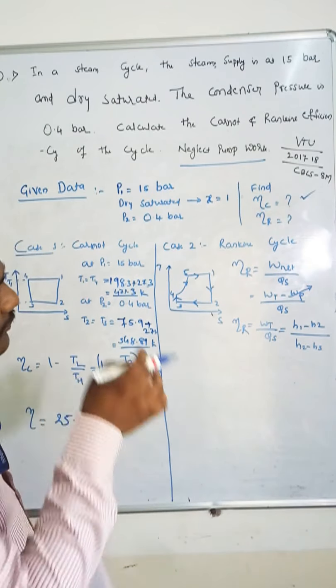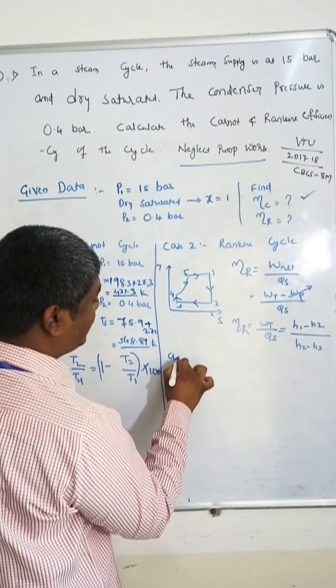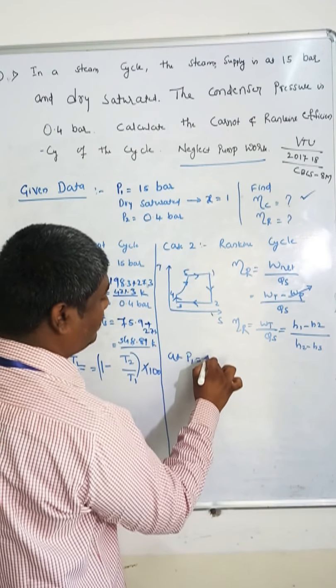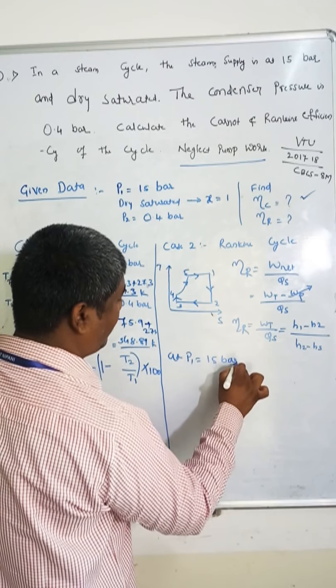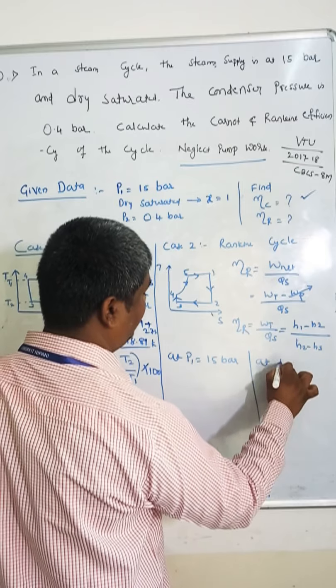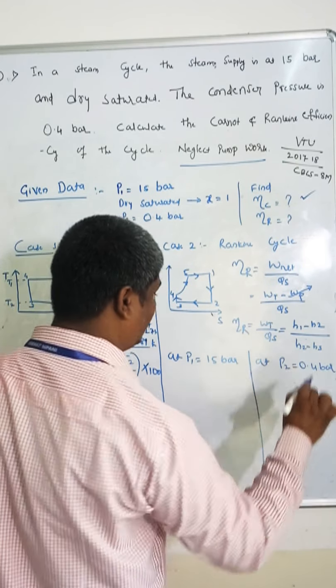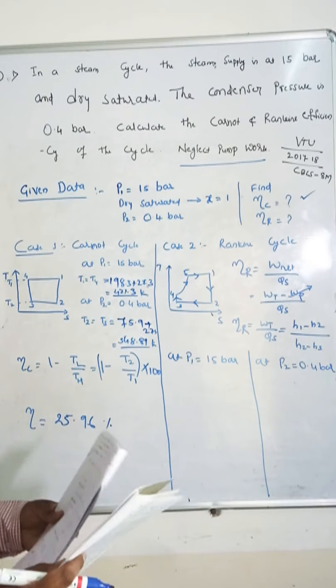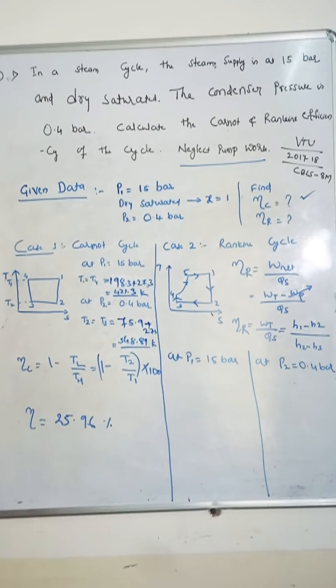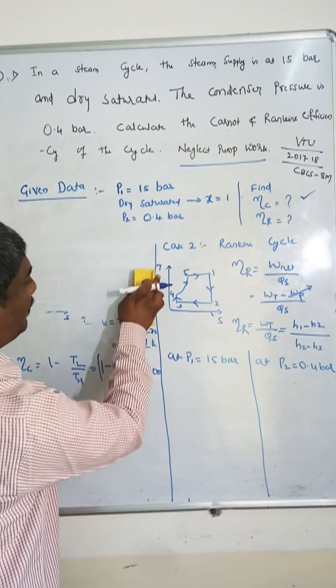Right. So how do we find these values now? We have pressures already given. At P1 equal to 15 bar and at P2 equal to 0.4 bar, we should find the values. I already said in the previous video that we should find the values according to the condition of the fluid.